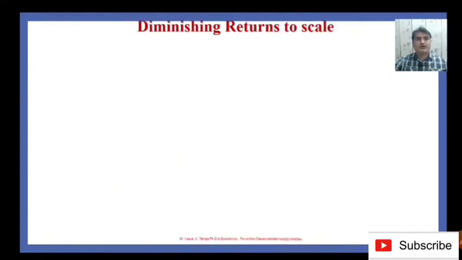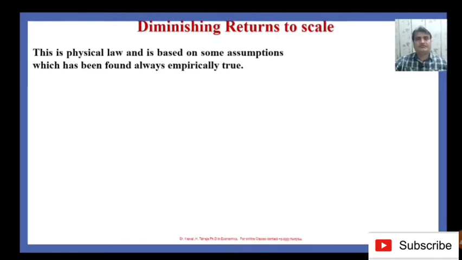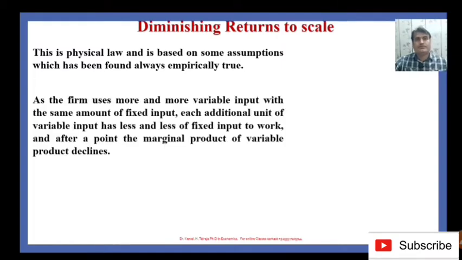So now we are starting the diminishing returns to scale. This is a physical law and is based on some assumptions which have been found always empirically true. As the firm uses more and more variable input with the same amount of fixed input, each additional unit of variable input has less and less of fixed input to work with, and after a point the marginal product of the variable input declines.